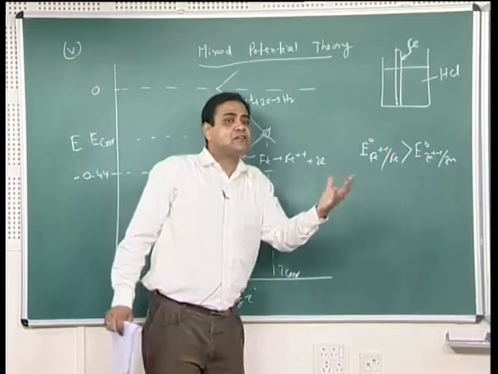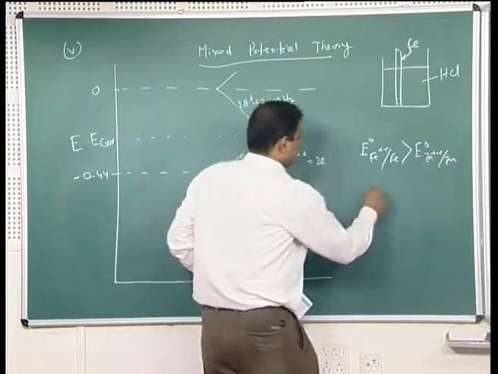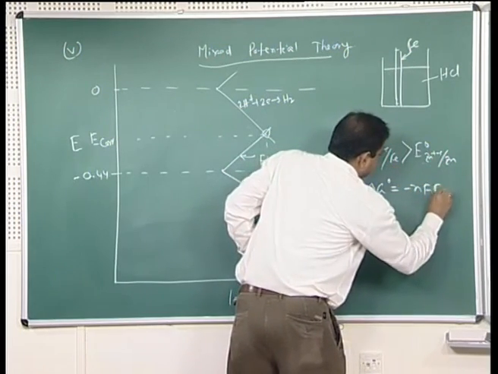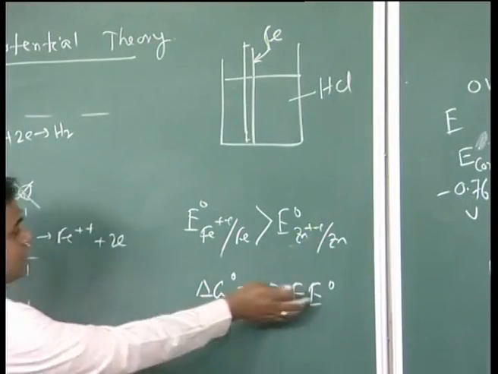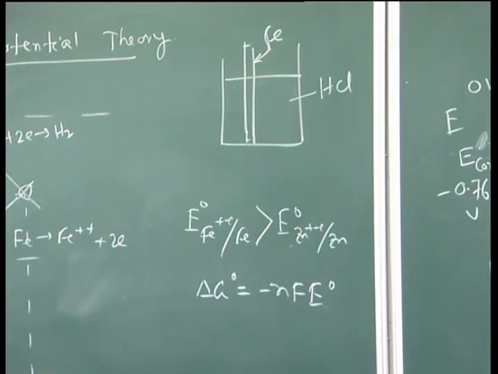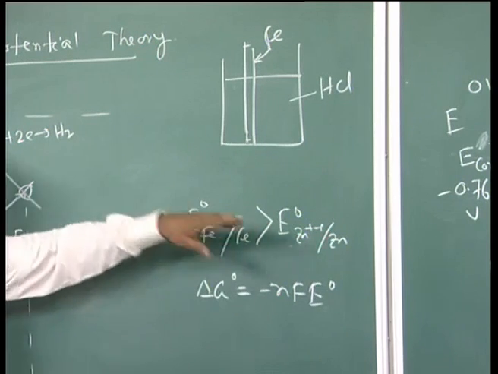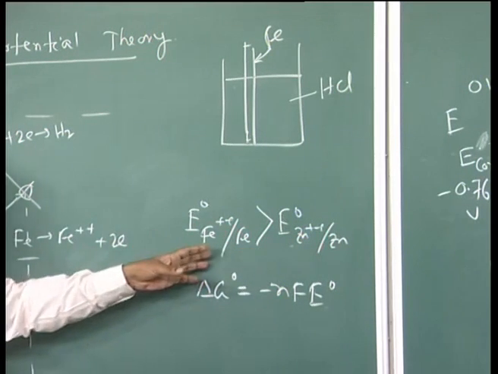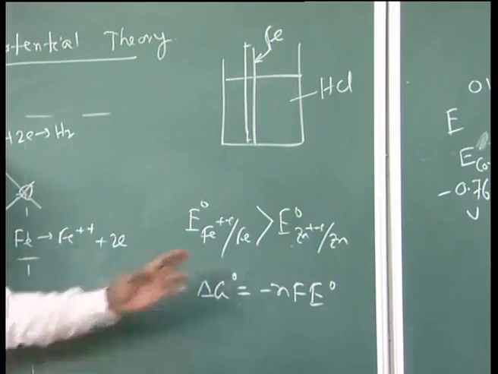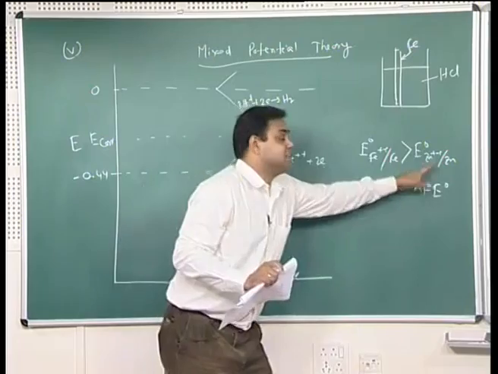E0 talks about the standard free energy change and the relation between the free energy change and minus nFE0. So, E0 is nothing but, because these two are constants, del G0, which is the standard free energy change. So, it talks about free energy. Free energy means thermodynamics, and if you go by the thermodynamic things, it's very clear that this has higher reduction potential, that means it has higher reducing ability than this.